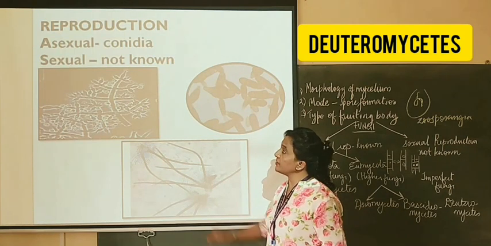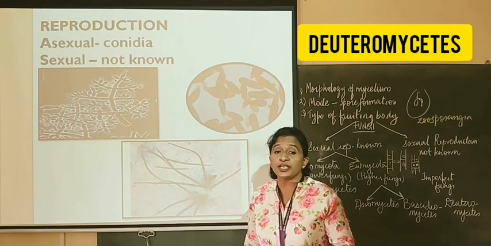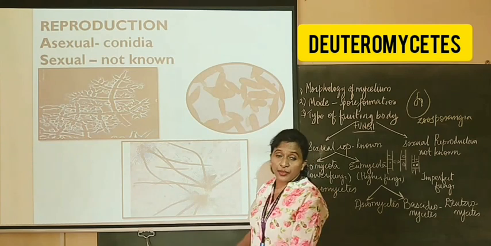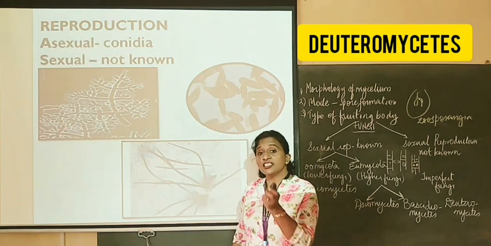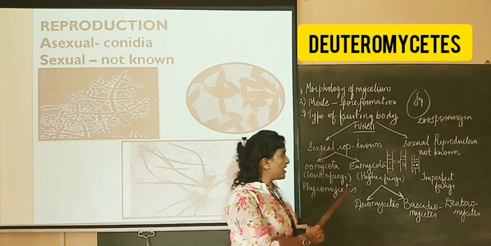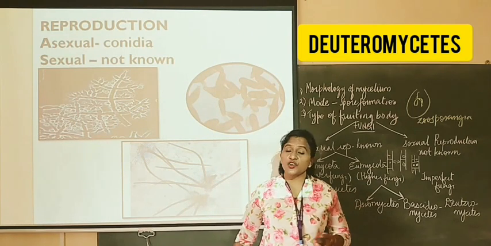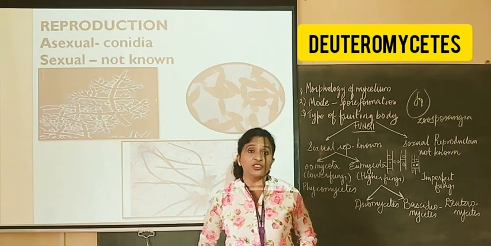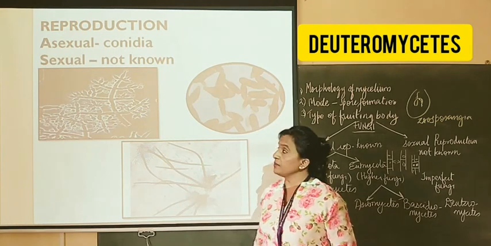In this class, all those species whose sexual reproduction is not known are placed. Once the sexual mode of reproduction is known, they will be placed accordingly in other classes, say Ascomycetes or Basidiomycetes. So definitely they are not coming under the lower fungi.